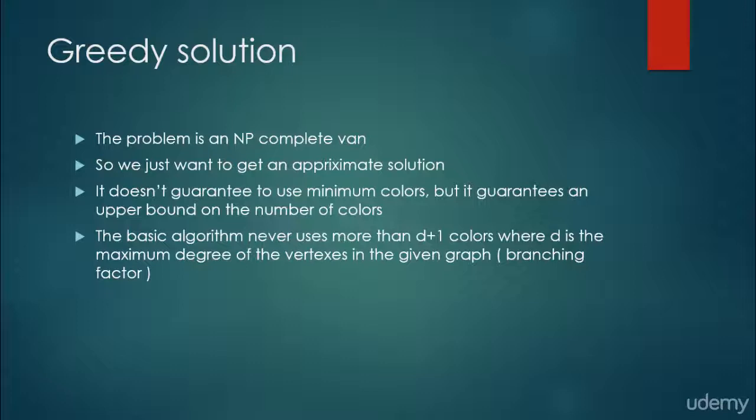So we just want to get an approximate solution, and it doesn't guarantee to use minimum colors, but it guarantees an upper bound on the number of colors. So the basic algorithm never uses more than d plus 1 colors, where d is the maximum degree of the vertices in the given graph, or the branching factor. I'm going to talk about this later during the illustration.